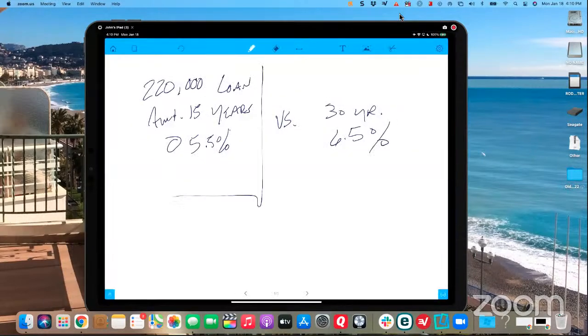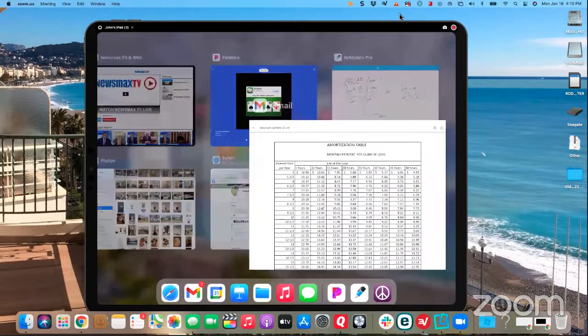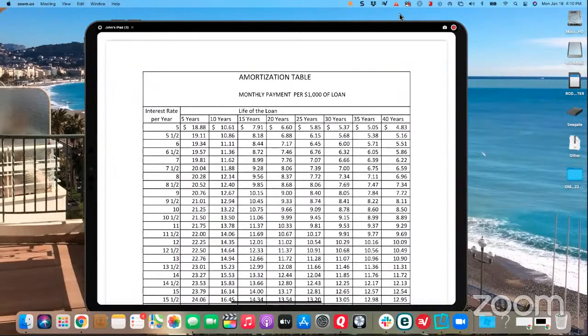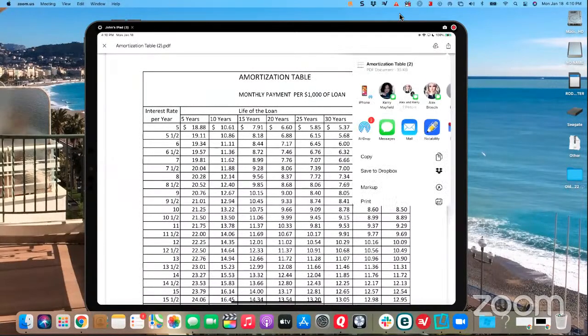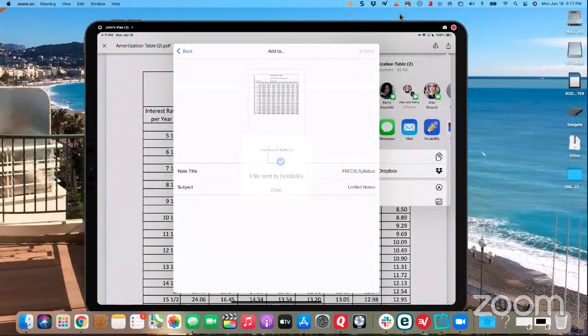The way you use the amortization table here is, if you can see this, 220,000, 15 years, and that's an @ sign, 5.5% interest. So if we come over here, I need to probably do one more thing just so I can write on this, okay?